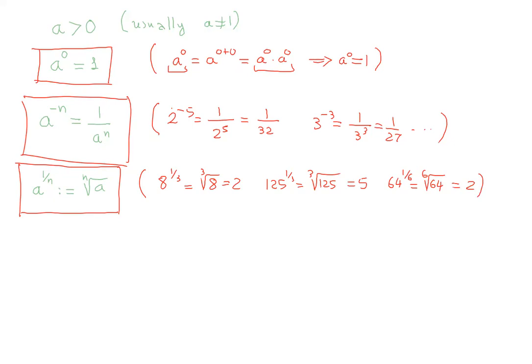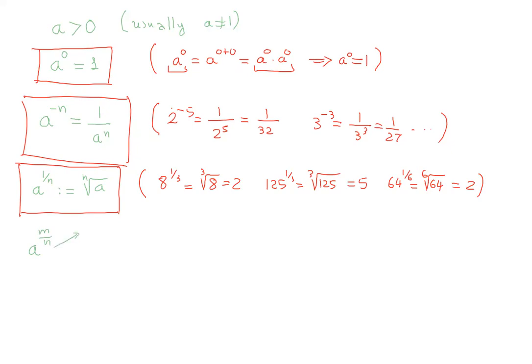And this brings us to rational powers. So if we have a rational power, so let's say that we have a to the m over n, we could define it in 2 different ways.